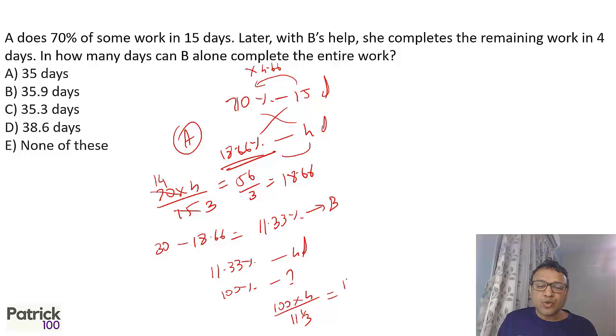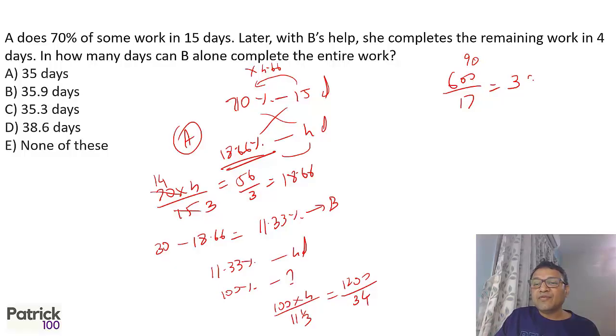So it comes to 1200 upon 34, or you can say 600 upon 17. Solving it, it is almost 35.3. C option. That will be the answer.